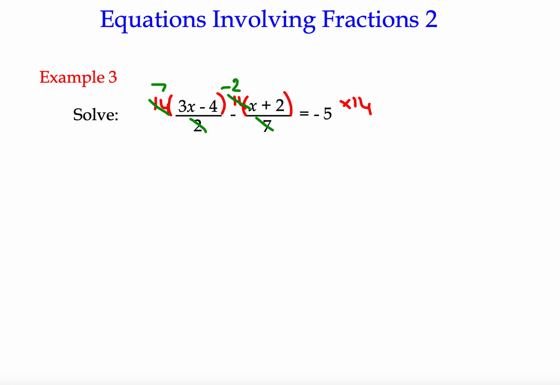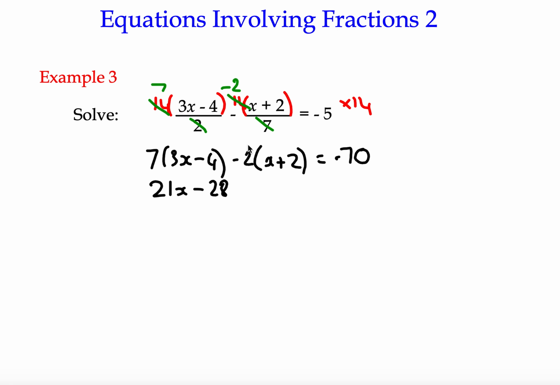Watch this minus sign. So when we rewrite it, it's going to say 7 lots of 3x minus 4 minus 2 lots of x plus 2 equals negative 5 times 14 is negative 70. Multiply everything out, taking great care with signs. Now here we've got a negative one here.